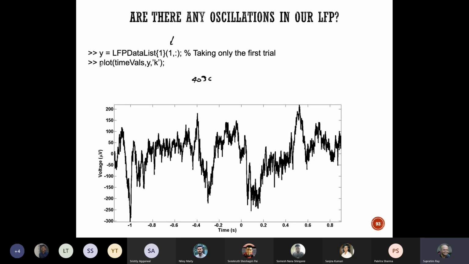And if I plot Y, while mentioning what those 4096 samples correspond to in time, which is this time function, this is also a function of length 4096. It tells you that the first sample is minus 1 point whatever, the 600th sample is 0, and so on.